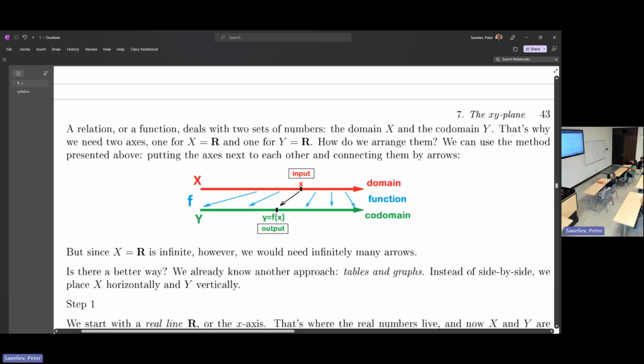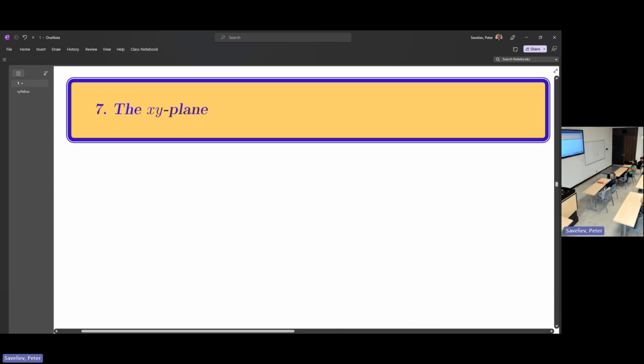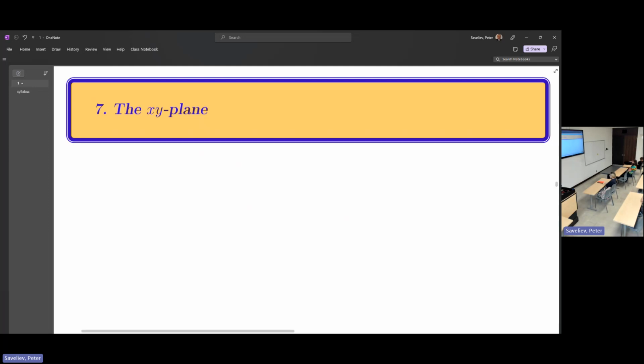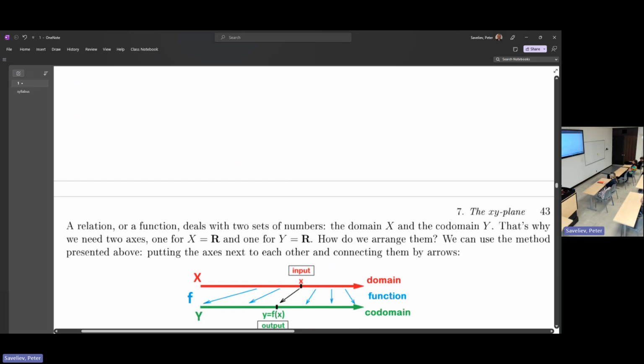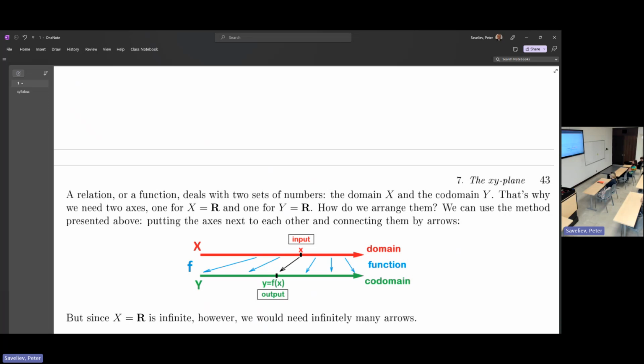The XY plane. We already learned how to build a real number line, so that will come up again. But why do we need the XY plane? To visualize functions. Once again, we saw it, it's called the Cartesian system. If we were to visualize a numerical function, x is the domain, y is the codomain, with arrows.